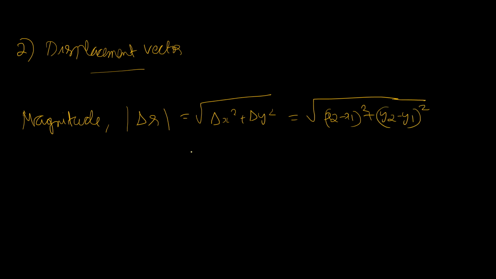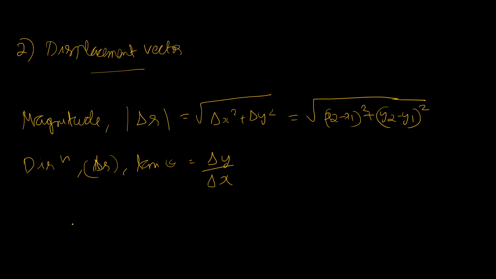Note down this formula. The direction of the displacement vector delta r is given by tan theta, which is equal to, instead of y by x, delta y by delta x for the displacement vector.